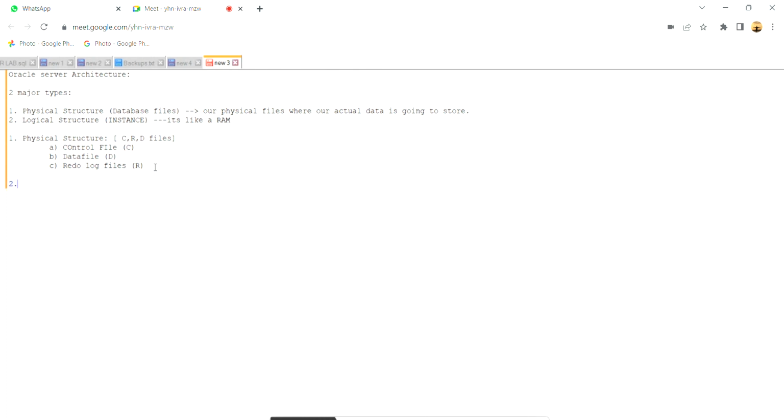The second one is the logical structure, which we call the instance, right?